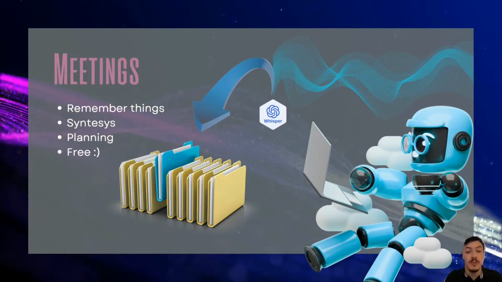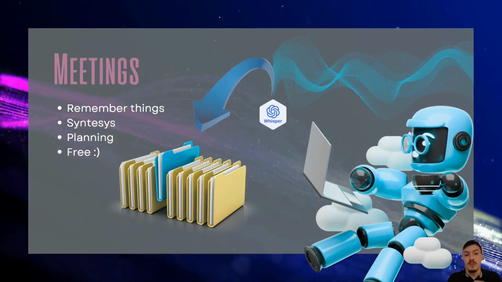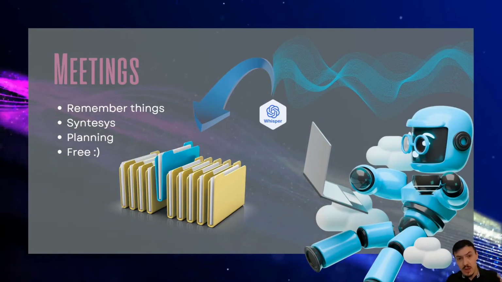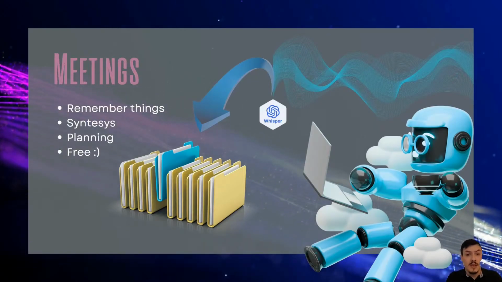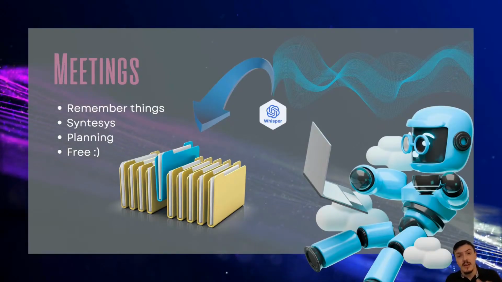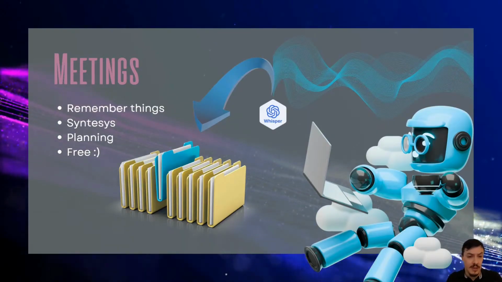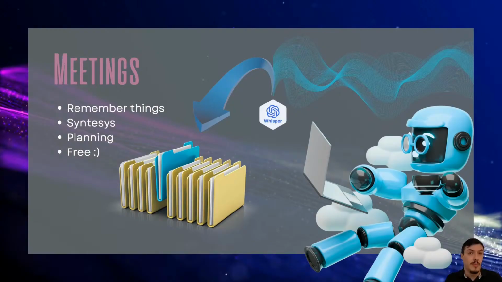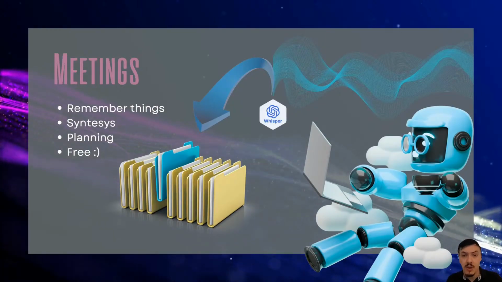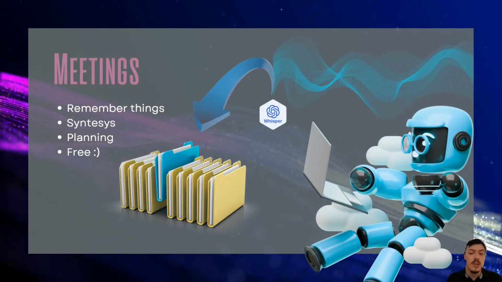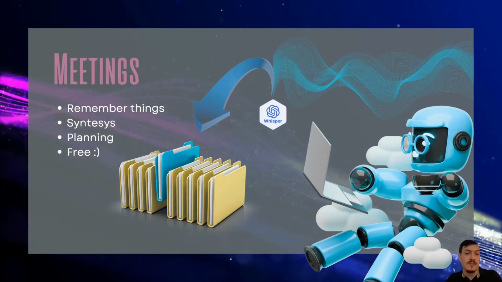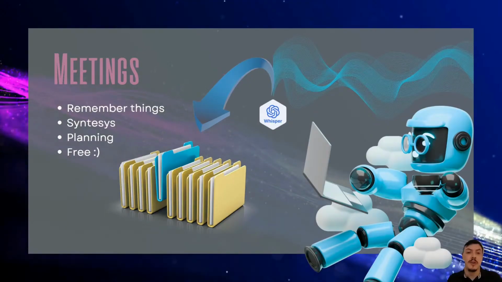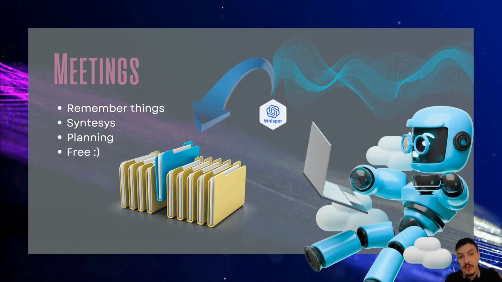browser plugin. So what we do is use OBS to record the meetings, and after that we pass that audio file through Whisper to generate all the text from the meetings. So everything is local, none of it goes to the cloud, and after that we can use the text generated by Whisper to keep track and remember things.